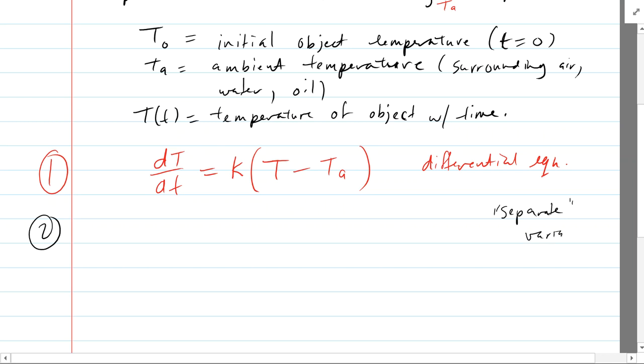variables and integrate. So, do I need to get the T's on the side with a capital T? So I have the integral of 1 over T minus T sub A dT is equal to the integral of k dt. That proportionality constant is just a number.